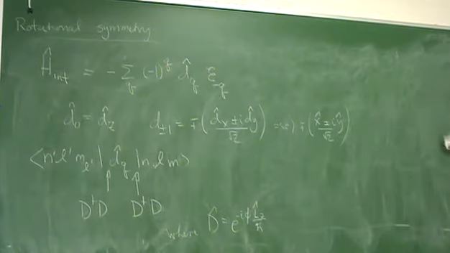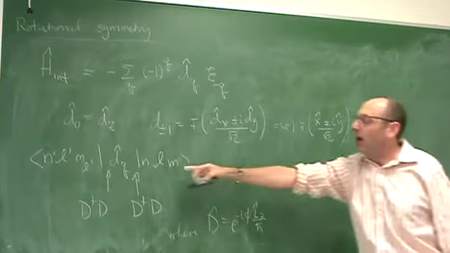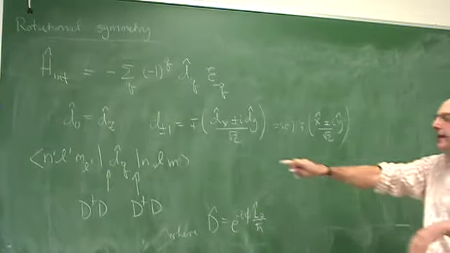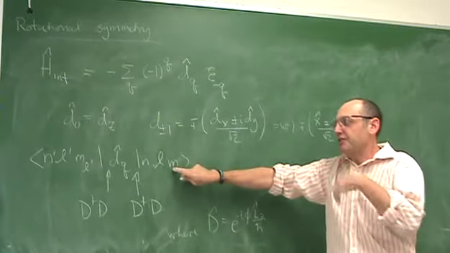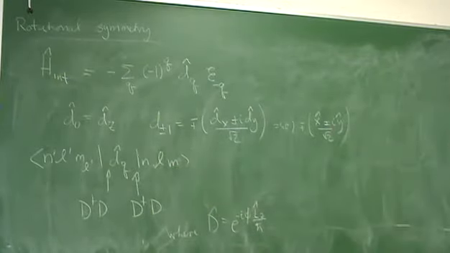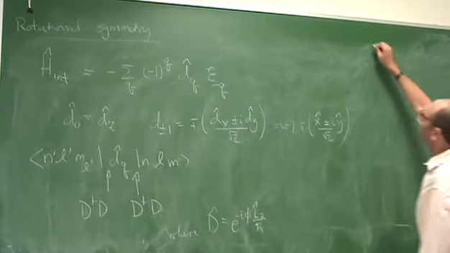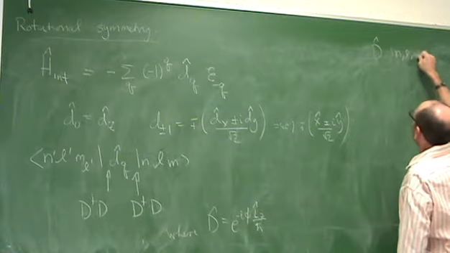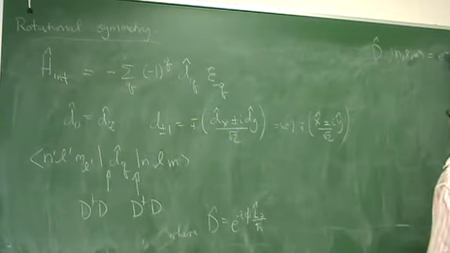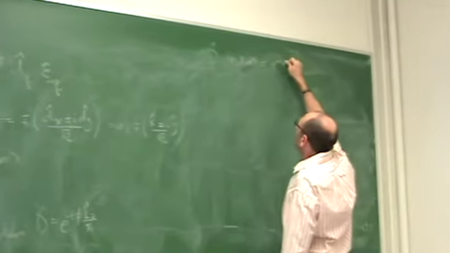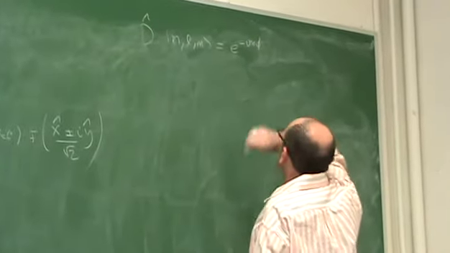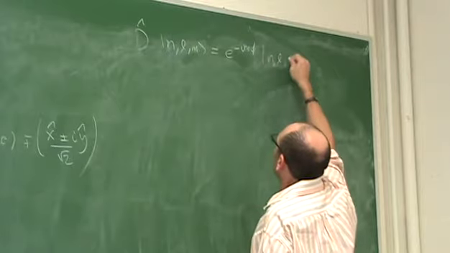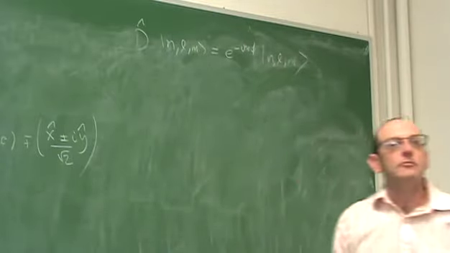Well, I chose that because these are eigenstates of rotation around the z-axis, because they are eigenstates of the projection of angular momentum along the z-axis. So the rotation operator acting on this is e to the minus i m phi, right?